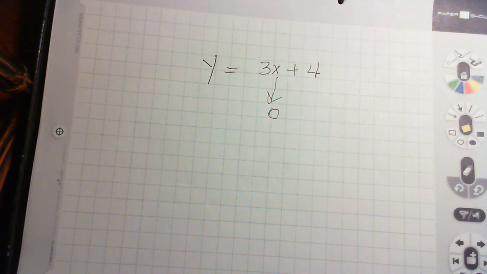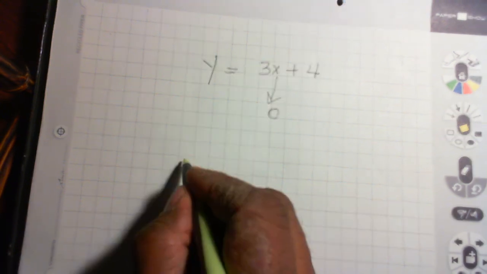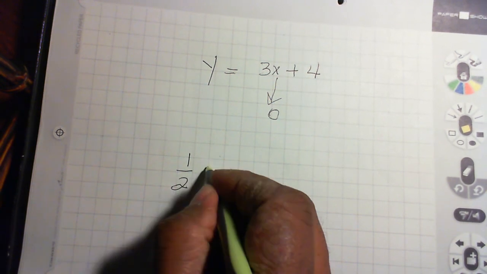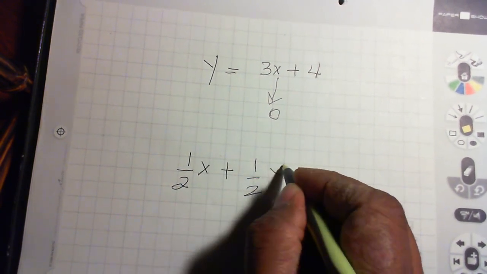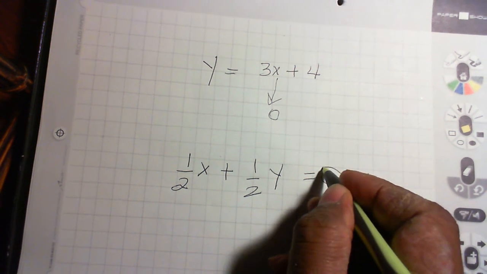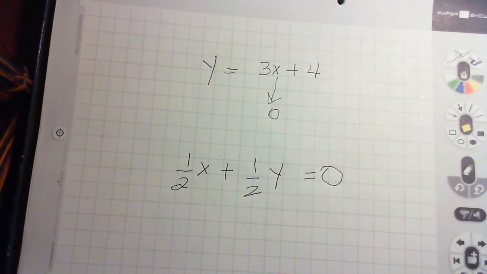Okay? Remember, to find the y-intercept, you let x equal to 0. To find the x-intercept, you let y equal to 0. Okay? So here's an example. If I have 1/2 x plus 1/2 y is equal to 0, I want to find the x-intercept and the y-intercept.